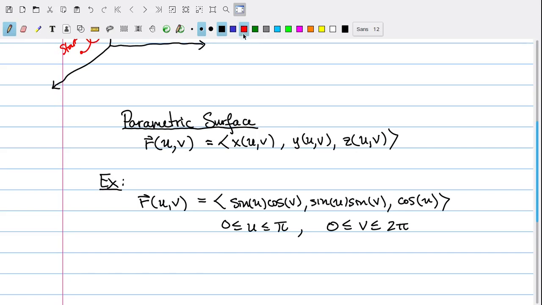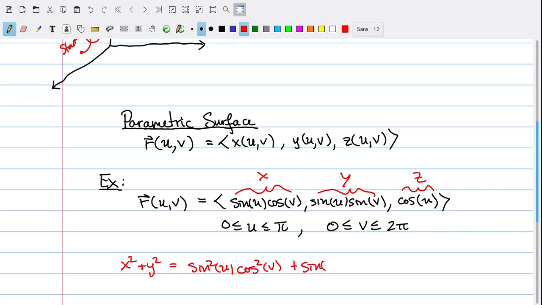Well, if I think here, this first coordinate is my x value. The second coordinate is my y value, and the third is my z. And if I calculate x squared plus y squared, this is going to be equal to sine squared u cosine squared v plus sine squared u sine squared v.